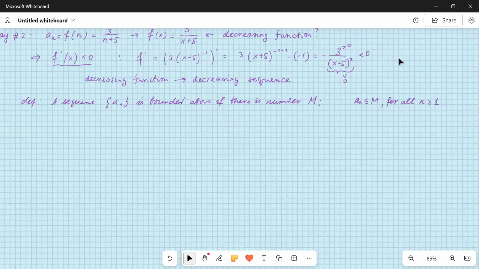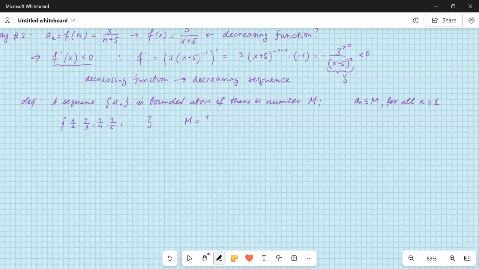Well, I'm just going to give an example of a sequence which is going to be bounded above. Let's consider the sequence 1 over 2, 1 over 3, 1 over 4, 1 over 5. What can be the big M, a number which is greater than all of them? Well, we see that the numbers are decreasing and even 1 over 2 can work as this number.